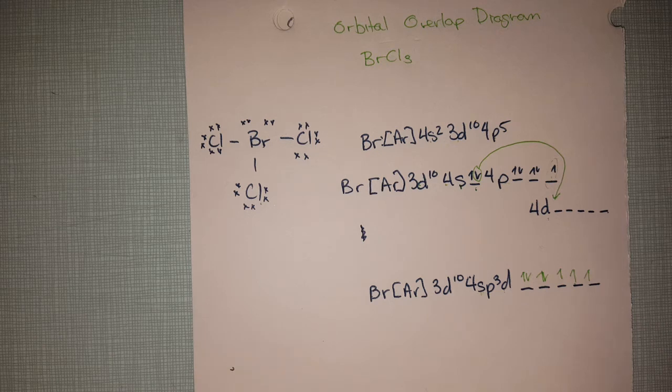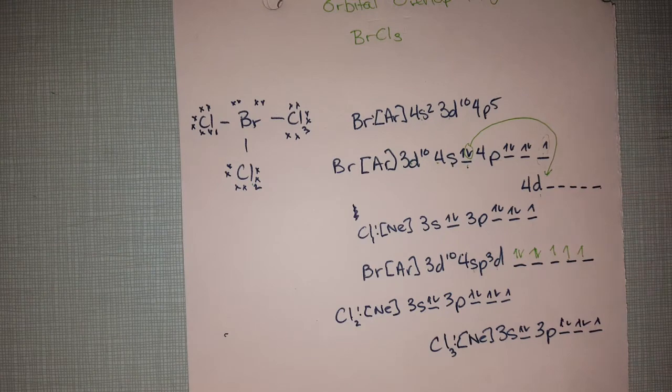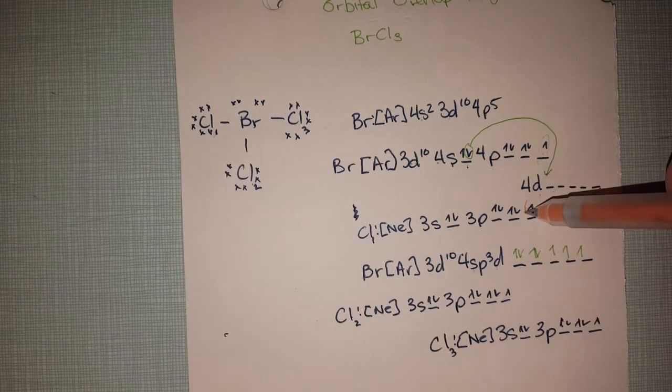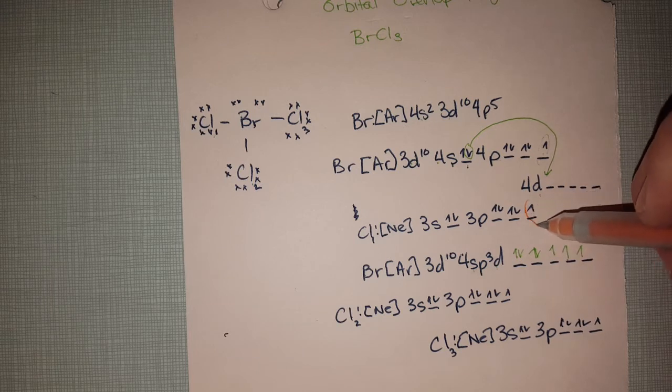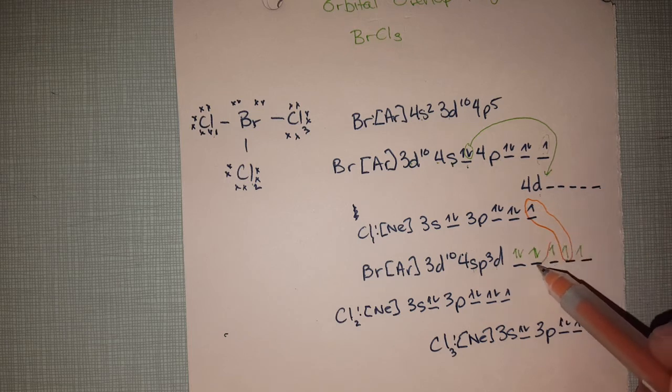Now I'll write out the energy level diagrams for the chlorine so that we can do the orbital overlaps. I can take the first chlorine, which would be this one here, and overlap its 1 orbital with 1 electron with one of the hybrid orbitals from the bromine with only 1 electron. They'll form a new orbital holding those 2 electrons.